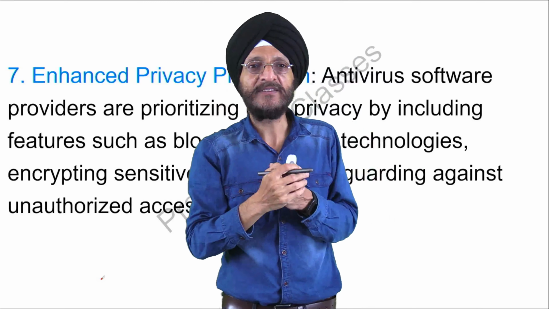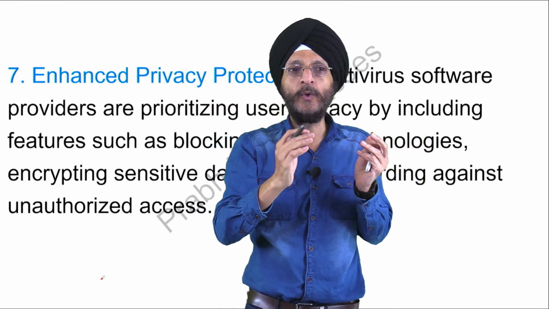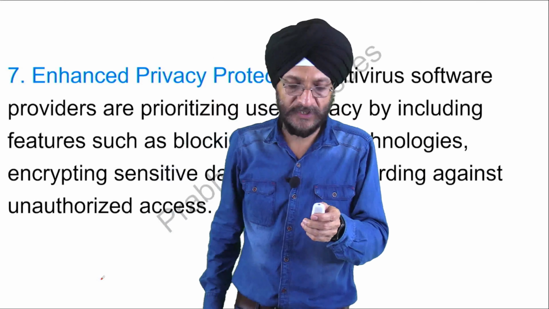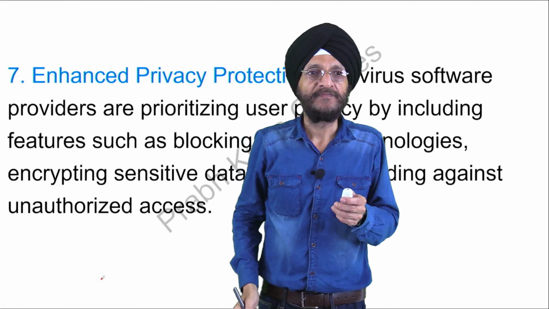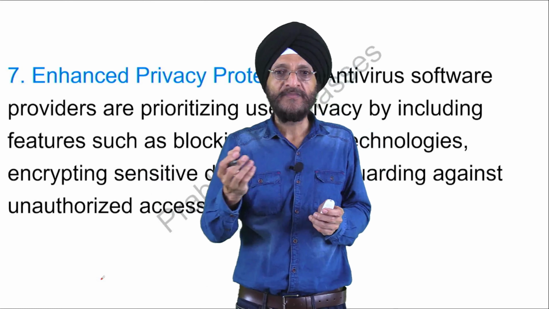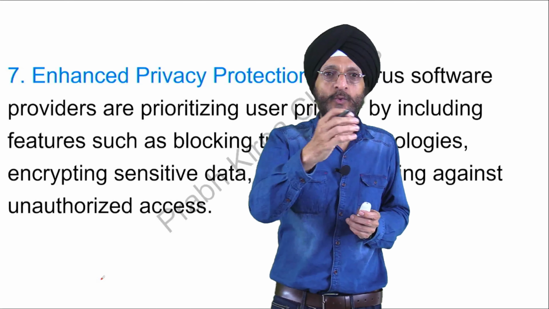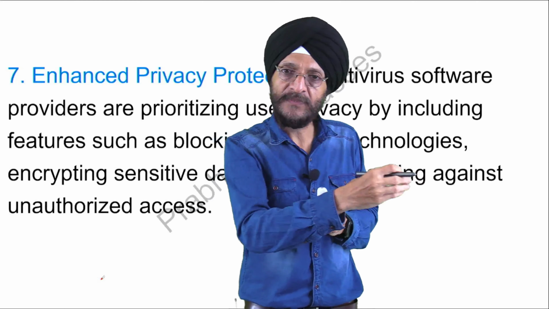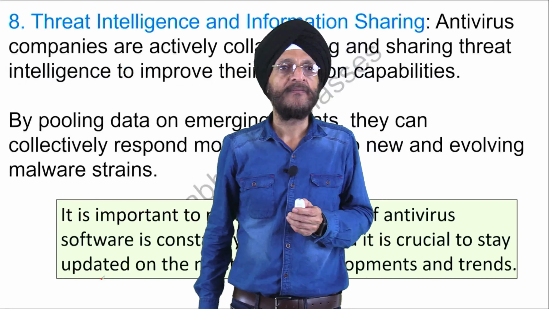So the antivirus software may include features such as blocking tracking technologies, so that the website may not track what we are doing, or it may not get access to our data which is there in our computer system.